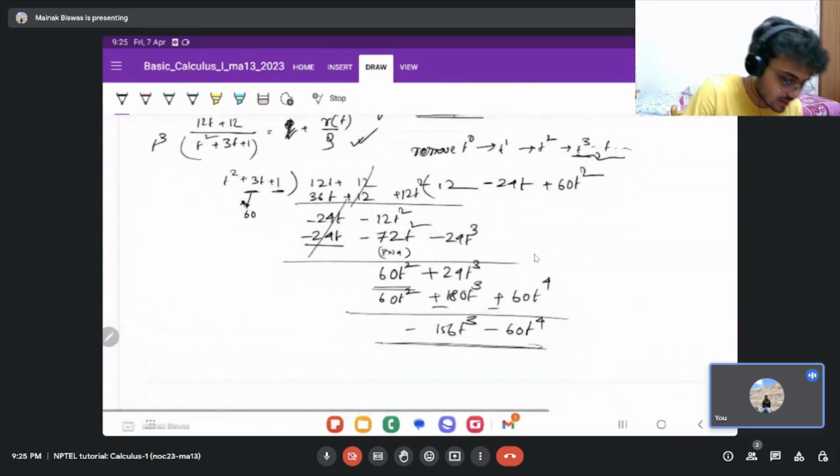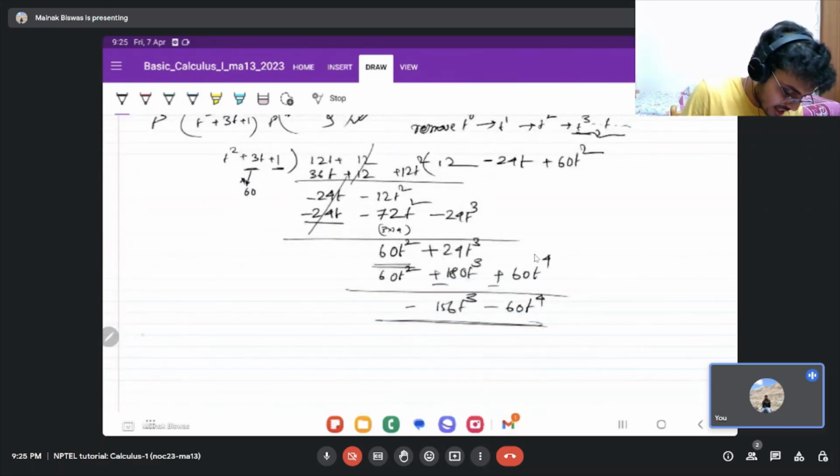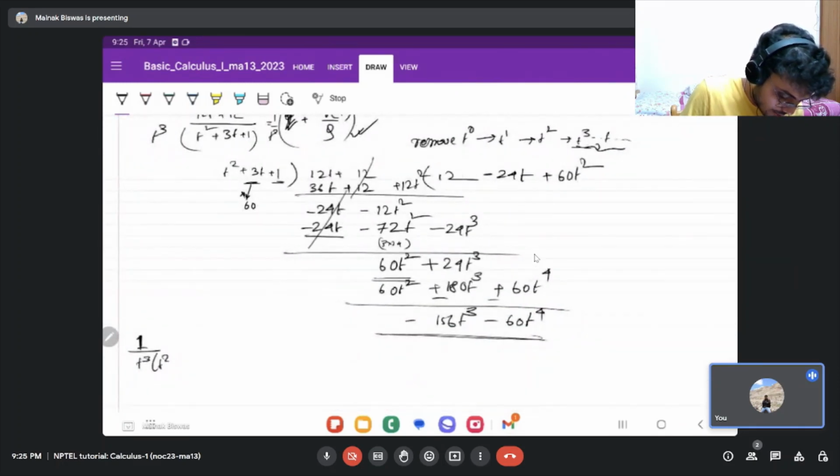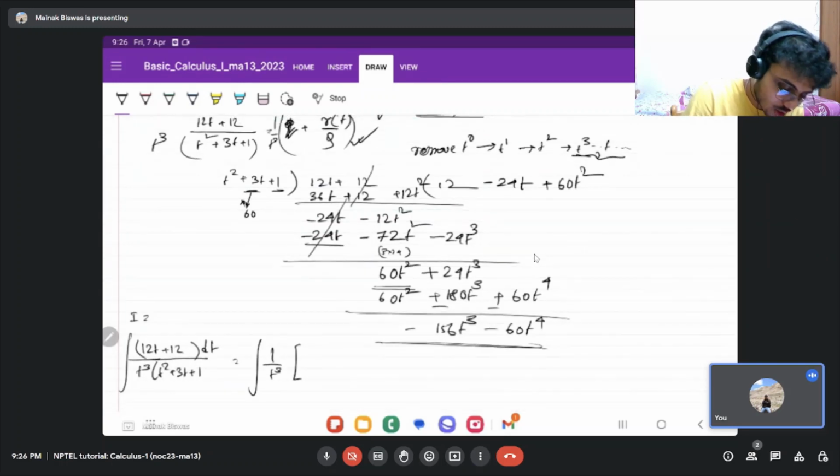So why is this important? Once I put it in this equation, I get 1 by t cube, t square plus 3t plus 1, numerator is 12t plus 12. This can be written as 1 over t cube. We have put the integral also. So t cube in bracket. What is the quotient? The quotient is this.